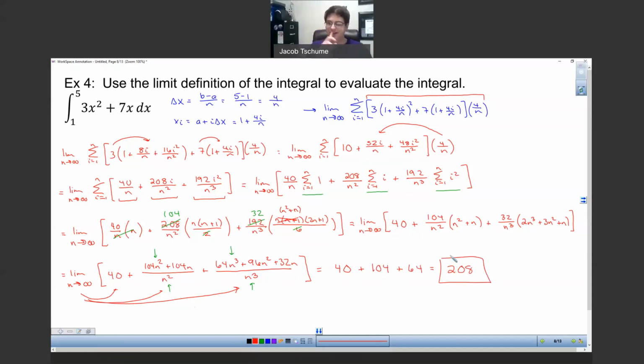So the exact area under the curve from 1 to 5 of 3x² + 7x is going to be exactly 208 units. Now, as you can tell, that's a very tedious process. And if you need to pause the video and rewind and rehear stuff, that's fine. You're not going to have to do many of these.